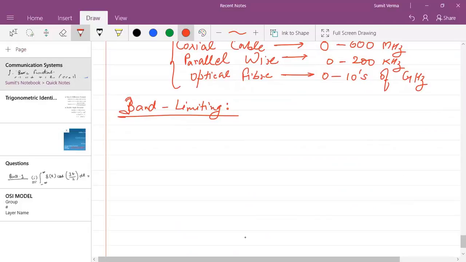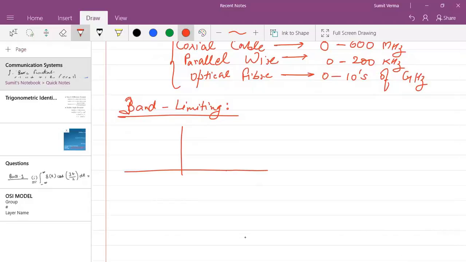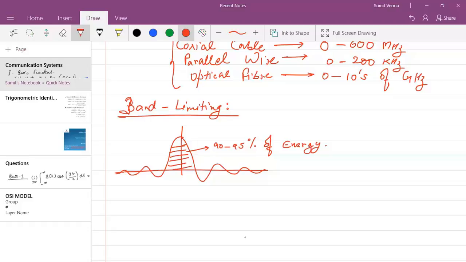If you want to limit this signal, how can we limit this? If you have this signal, I know that most of the energy of this signal is concentrated in this part. If I see just this part, it will give me around 90 to 95% of the energy of this signal, or 90 to 95% of the information of this signal is stored just in this part.